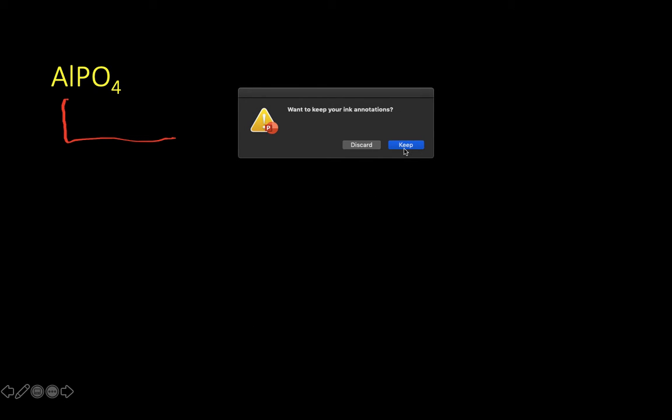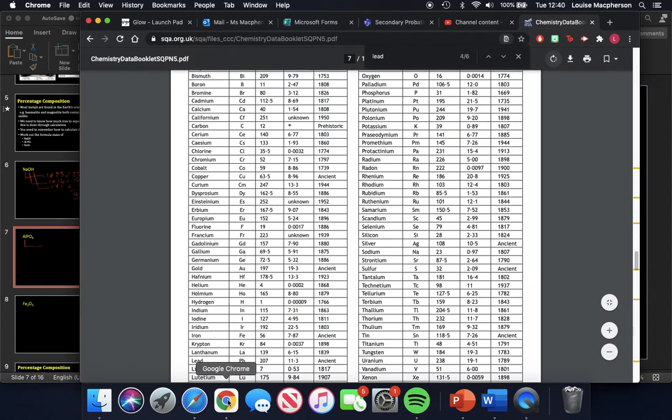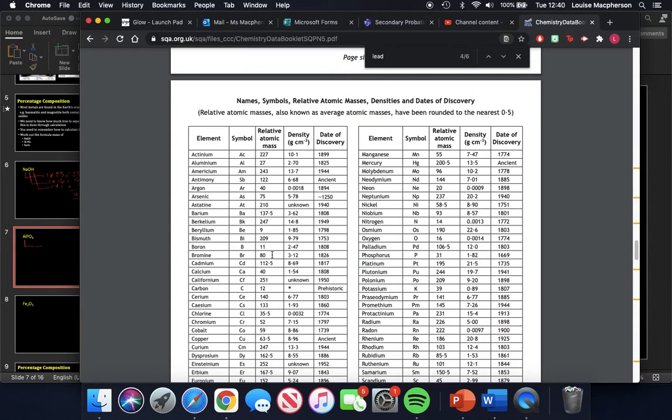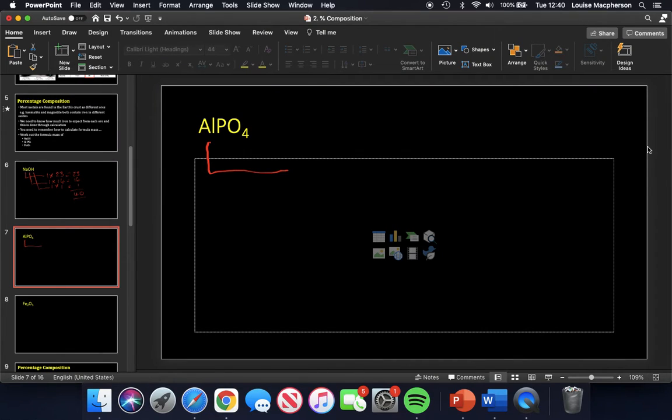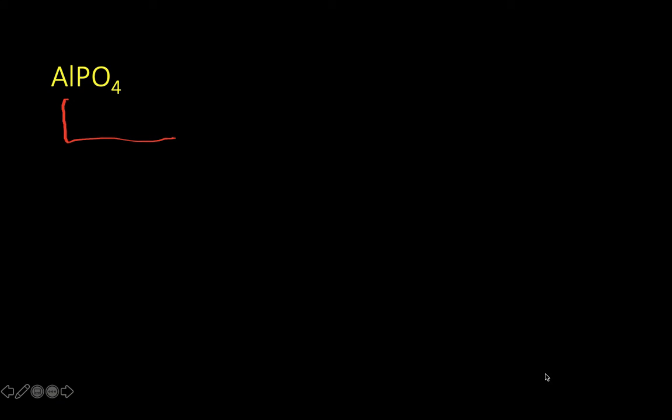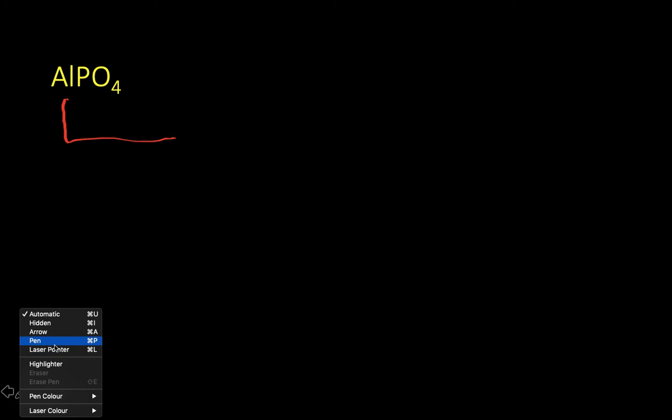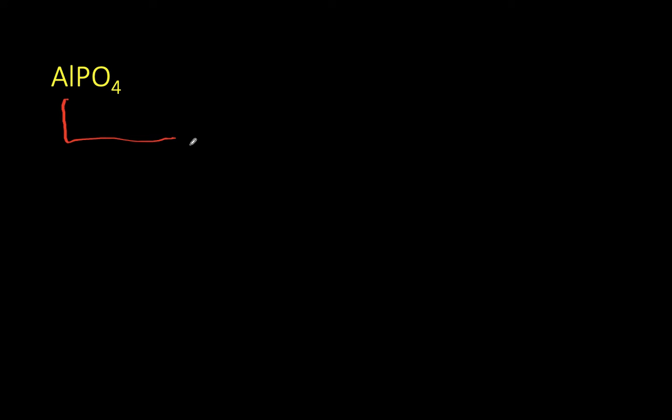Aluminium phosphate, let's go again. So we have one aluminium. Aluminium has a mass of 27.